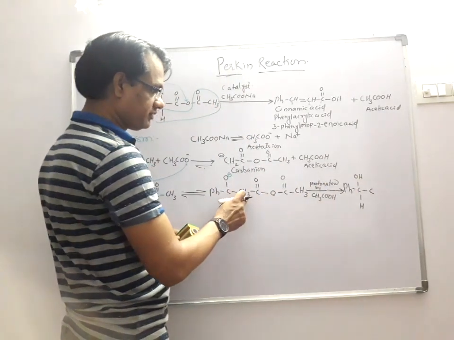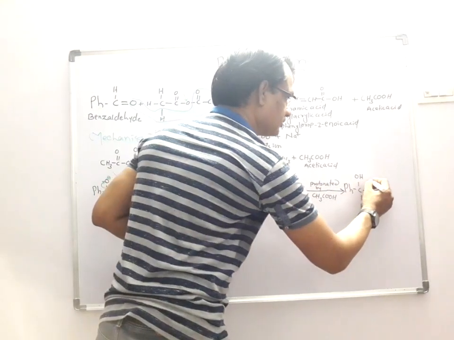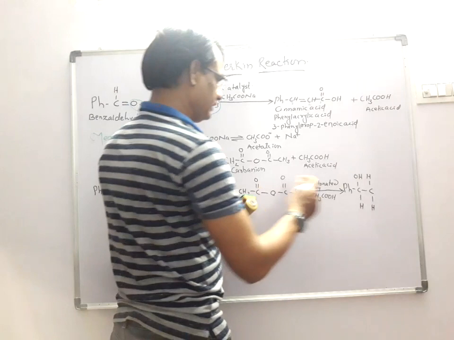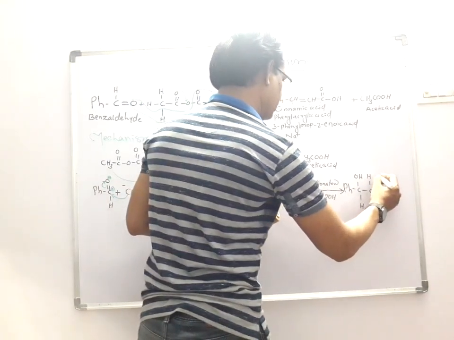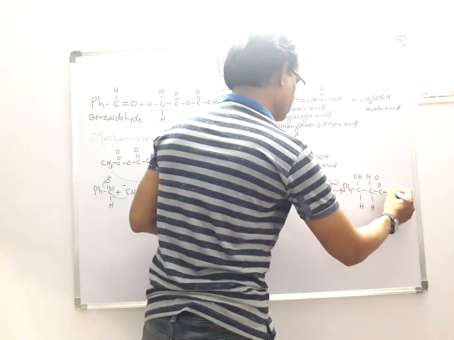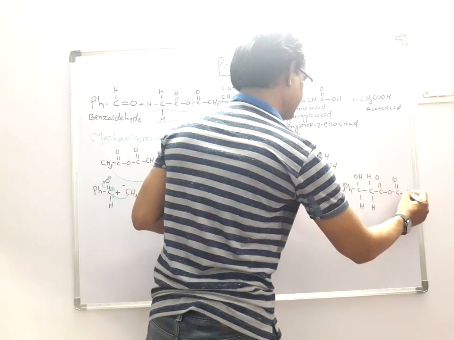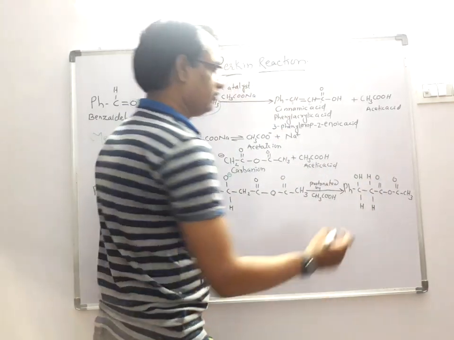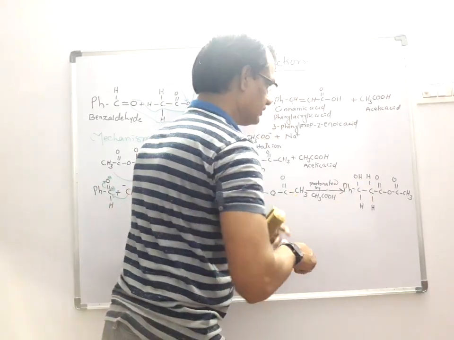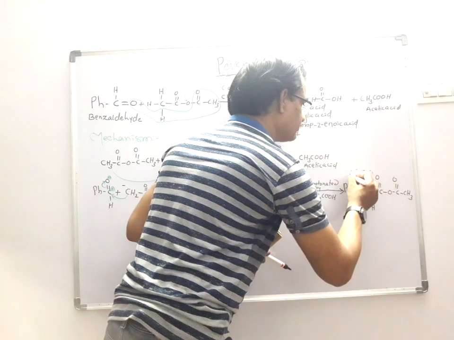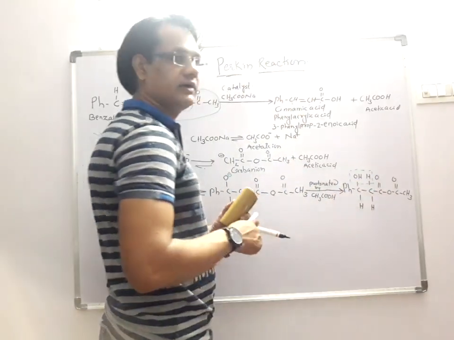Here CH2, I write this CH2 in this way, CH2, then C=O, C=O, CH3. Now here it will lose this water molecule. When it loses this water molecule, a double bond will form here.